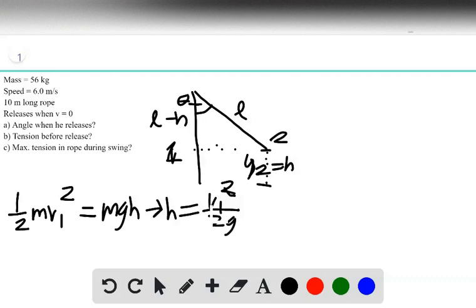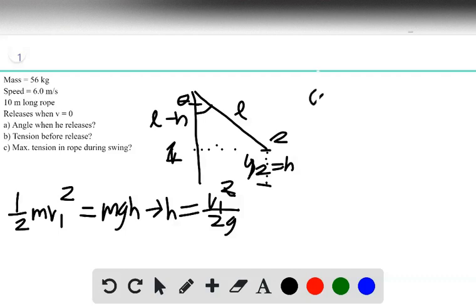Okay, so that's our expression for h. But then how do we get the angle? If we look at this as a triangle, we can do cosine as adjacent, L minus H, over L, because we're trying to find the angle.